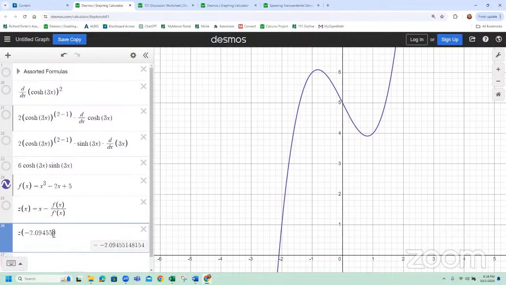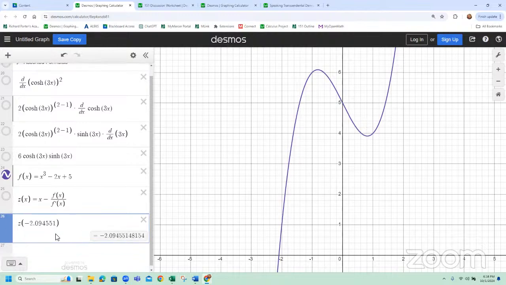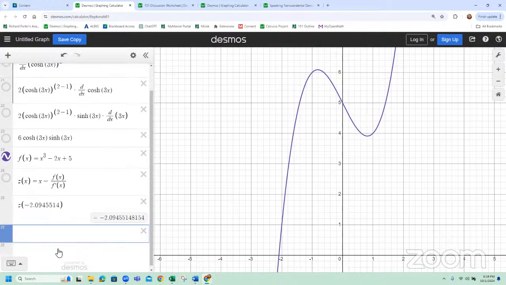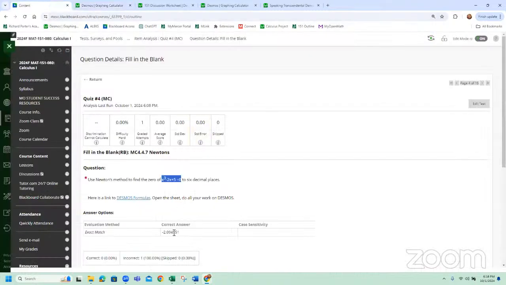So let me just try 1 and 4. As long as these numbers don't change, we're done. So the answer we want is going to be 6 of these, so that's the answer that we want to put in. It'll end in 4551. Yep, 4551.